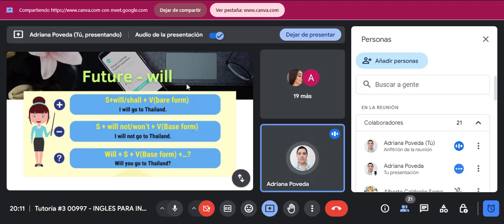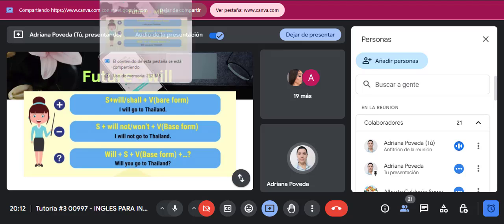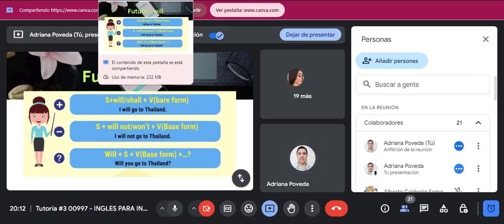So we don't change anything, we don't add anything, we leave the verb in the simple form. Up to here, do you have any questions about the future? ¿Hasta acá alguna pregunta del futuro? No, teacher. Thank you. Okay, perfecto.